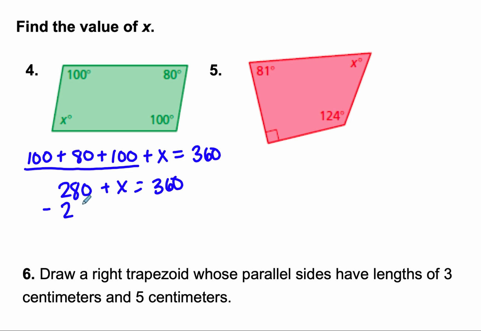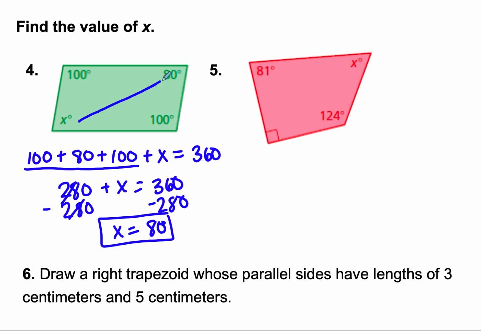We're going to subtract 280 from each side. And we're going to get x equals 80 degrees. Now, if you remember what I said in the last one and you saw, hey, it's a parallelogram, these two are the same, these two are going to be the same, this is an 80. Yep, you can do it that way too.